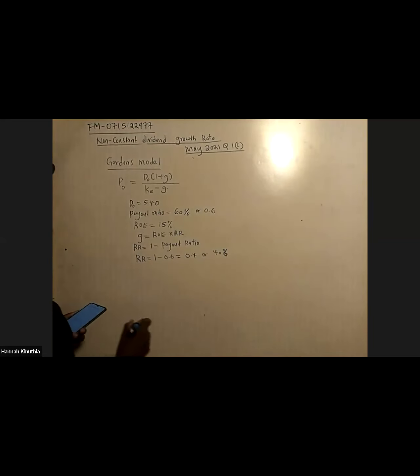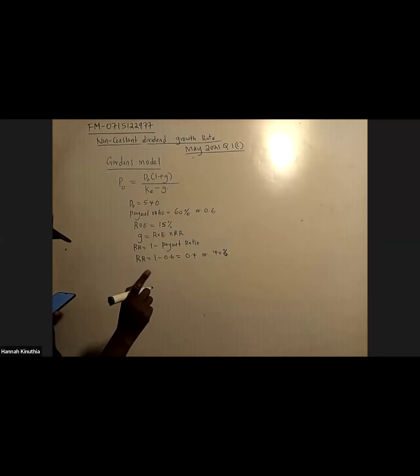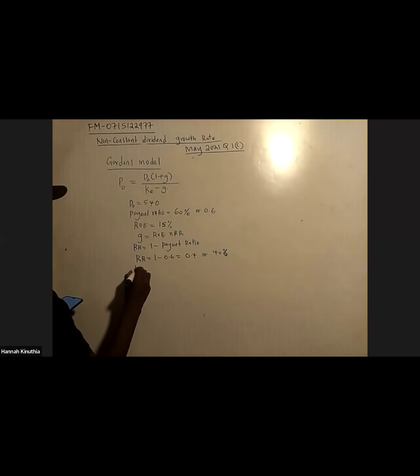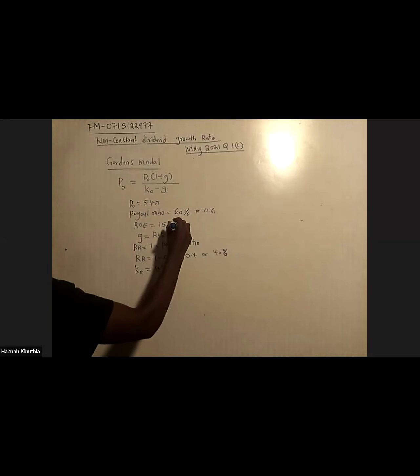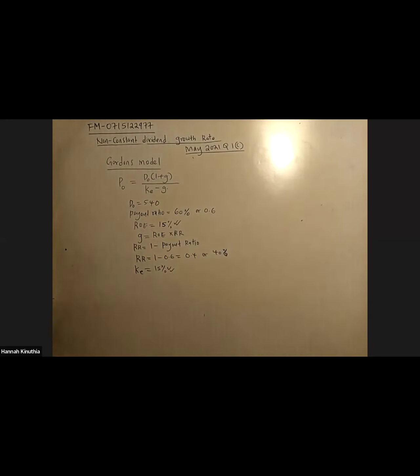What else are we remaining with? What about Ke? Our Ke is not given. Now if Ke is not given, it means our Ke will be the same 15%, so the ROE is still our return on equity.